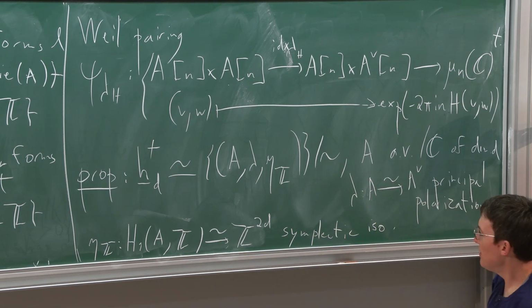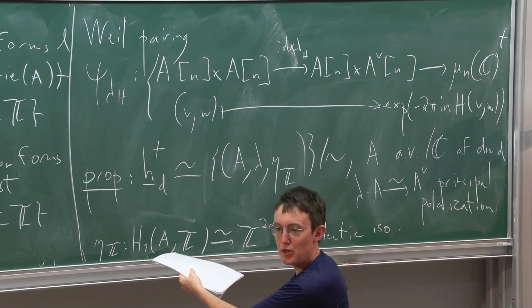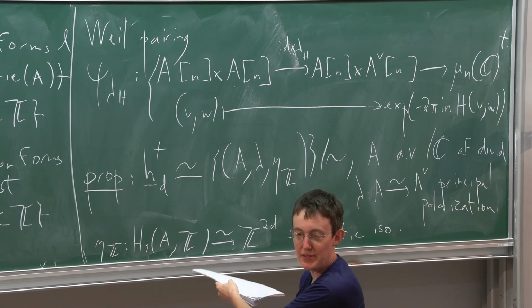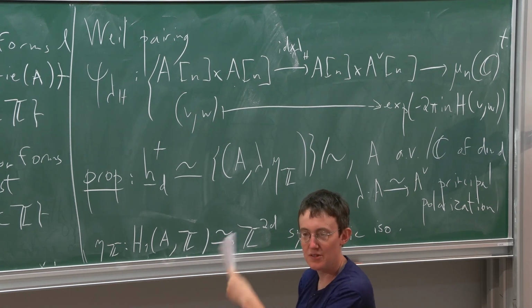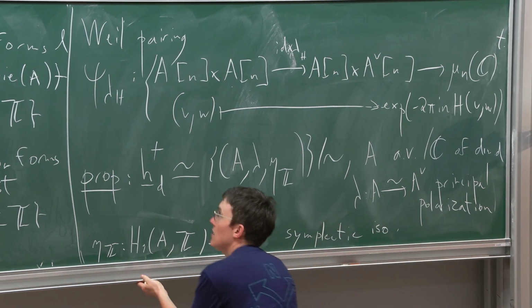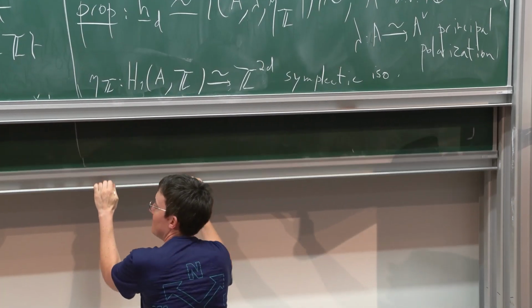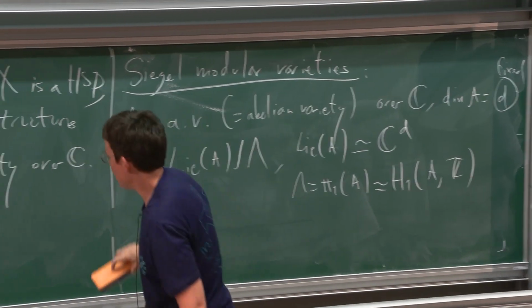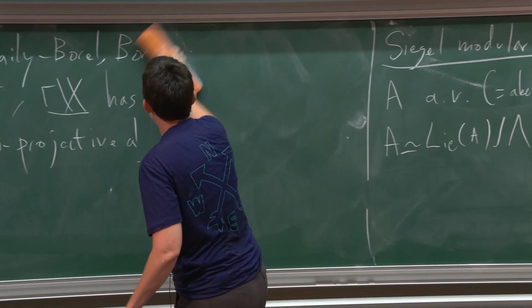Here I have a symplectic form given by the polarization, and here I have the standard symplectic form with the same matrix as the one I used before: 0, identity, minus identity, 0. Of course you can use your favorite symplectic form if you want. You just need to change all my formulas.